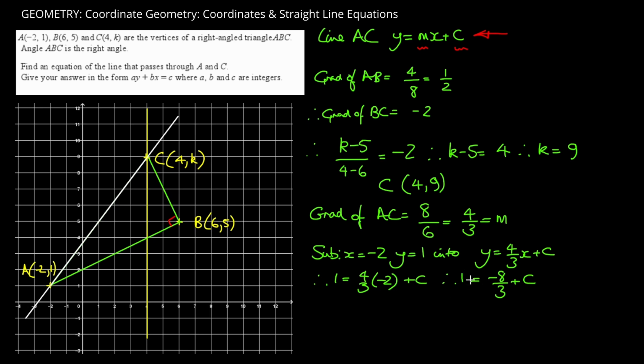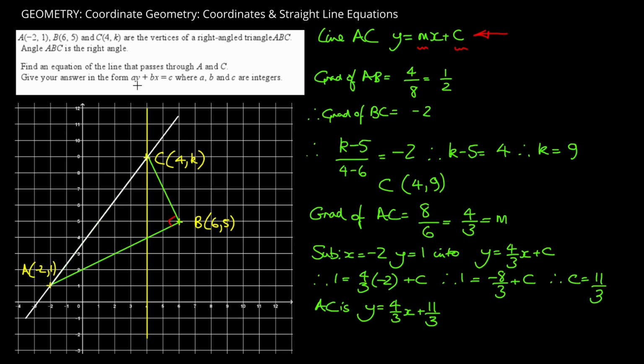So we've got a positive 3 over 3, and we're going to be adding 8 over 3 to it. So therefore, c is equal to 11 over 3. So our equation for AC is y equals 4/3 x plus 11 over 3. Now, is 11 over 3 feasible? 11 over 3 is 3 2/3. Yeah, just above halfway. I'll go with that. The diagram again is proving reasonably right.